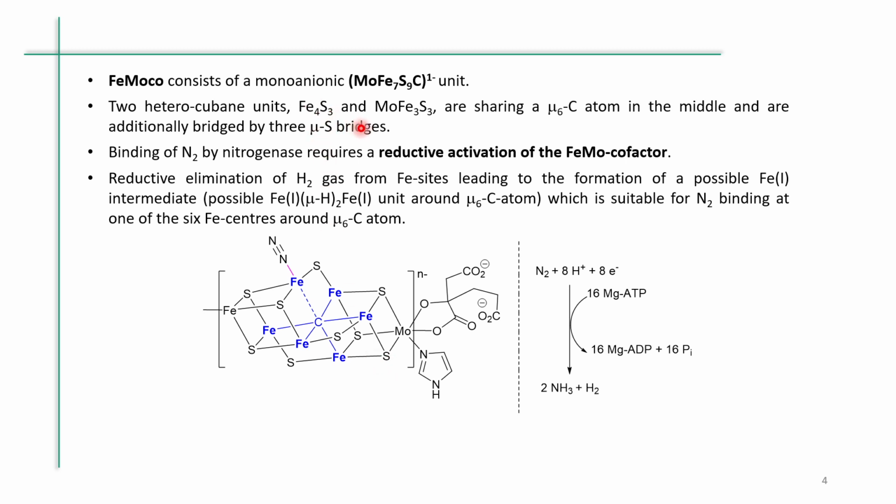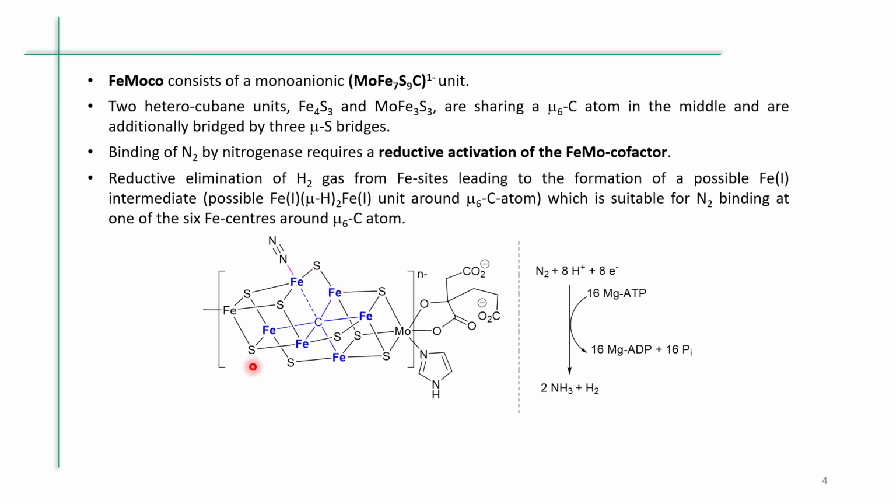So Fe4S3 and MoFe3S3, these two heterocuban units are interlinked by sharing one mu6. Hapticity of this interstitial carbon is 6. There is a mu6 carbon atom in the middle, and this is basically mu6 C4 minus. This is carbido linkage. Carbon is having 4 negative charge here, and additionally bridged by 3 sulfur bridges.